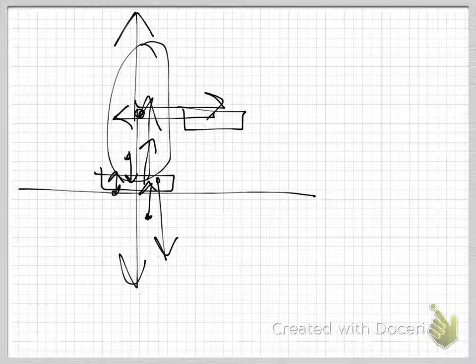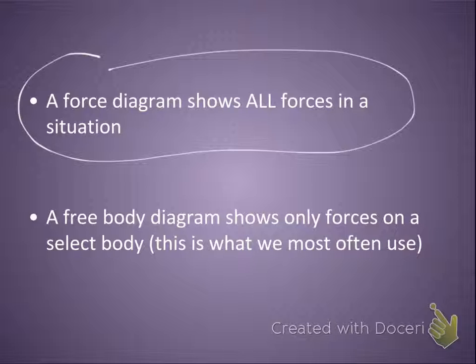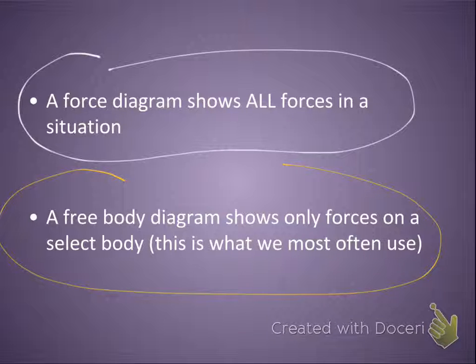So as we tend to do in physics, we simplify. And what we typically use, because again, this is just too crazy, we don't usually do force diagrams. What we typically do are called free body diagrams. You'll often see, if you look at any YouTube videos or anything, you'll see FBD in physics discussions.